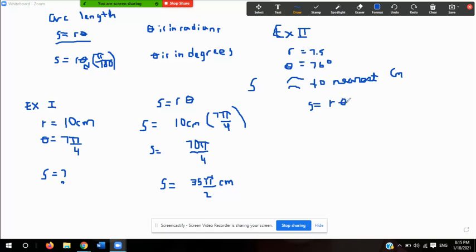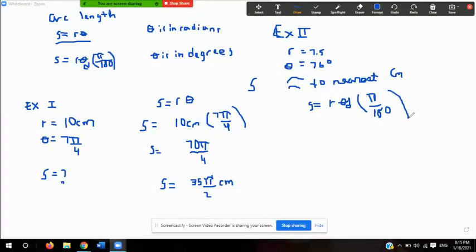So let me write the formula: times theta multiplied by pi over 180 degrees. So even though we're rounding our answer to the nearest centimeter, we are using the radian measure as well.